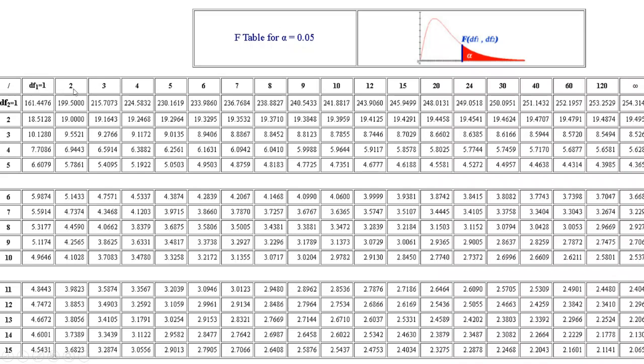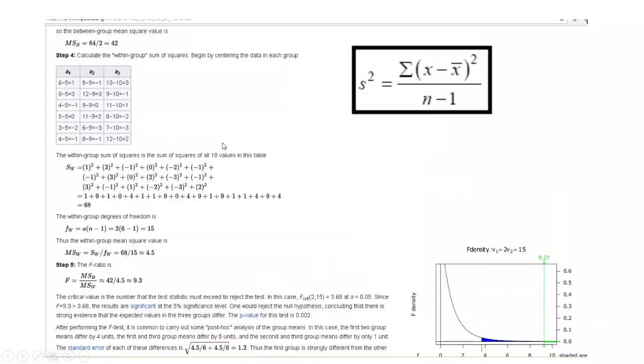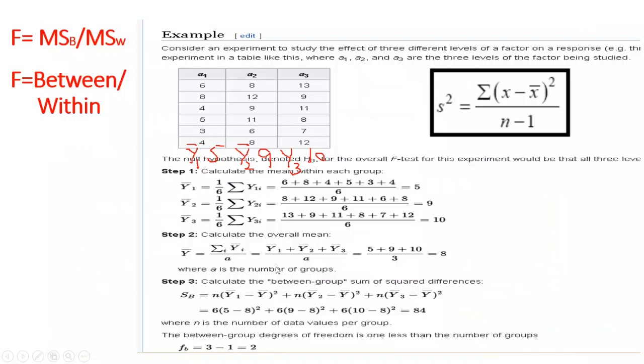Our first degree of freedom, df1, was 2. Do you remember from this slide? df1, and 15 is df2, and over here was this one, 3 minus 1 is df1.